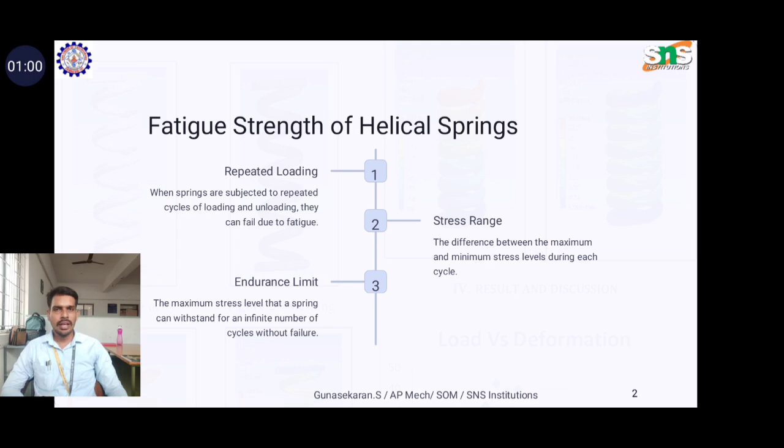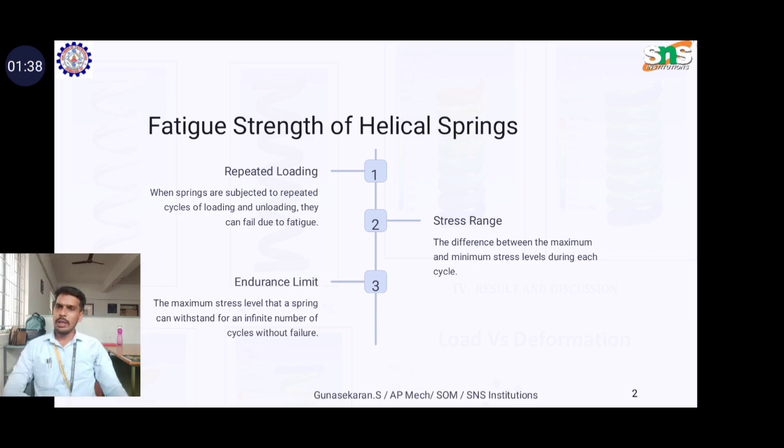Repeated loading and stress ranges: helical spring undergoes cyclic loading where the stress alternates between maximum and minimum values. The stress range, delta sigma, is the difference between the maximum and minimum stress levels. The cycling induces microscopic cracks and damage within the material, leading to failure if the stress exceeds the spring fatigue limit.